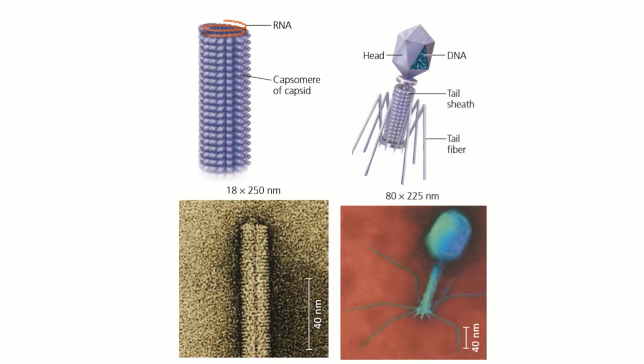But what we might want to observe in viruses is that they are made of a protein coat, with their genetic information stored inside the protein coat, either as DNA or RNA. So here we have 2 viruses, the tobacco mosaic virus on the left and a bacteriophage here on the right.